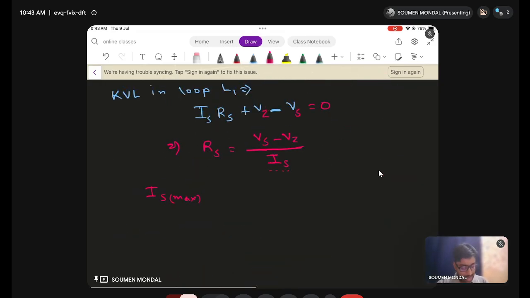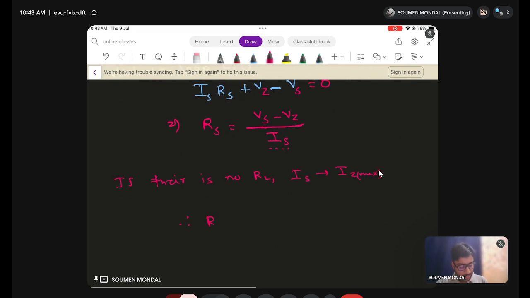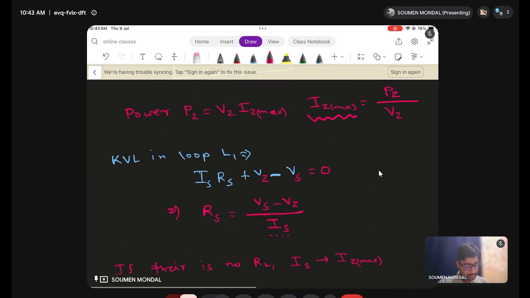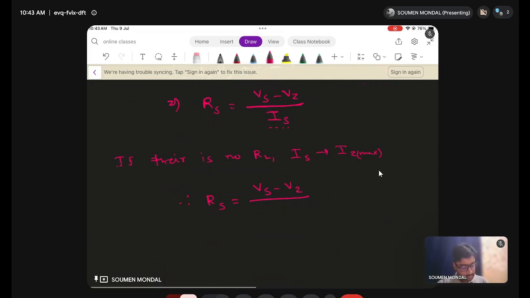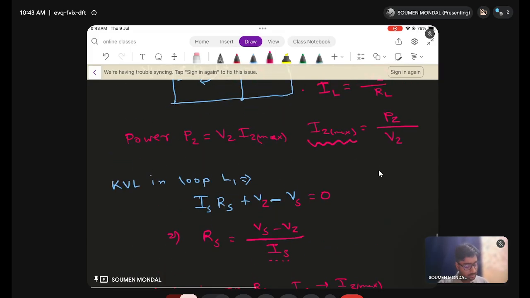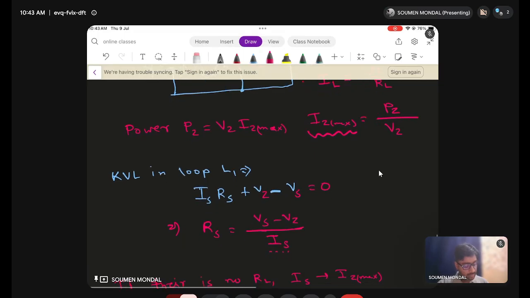If there is no RL, your Is has to be Iz max. Therefore Rs will be equal to (Vs minus Vz) by Iz max. This Iz max we already know, that is the power of the Zener diode by Vz.